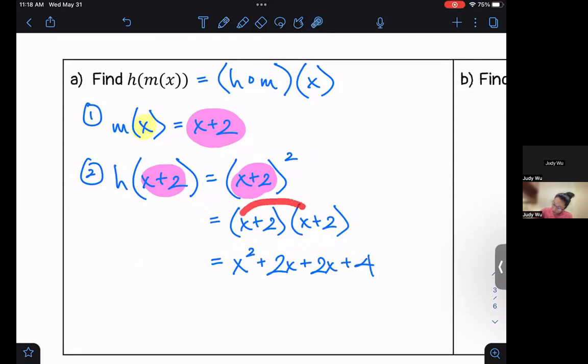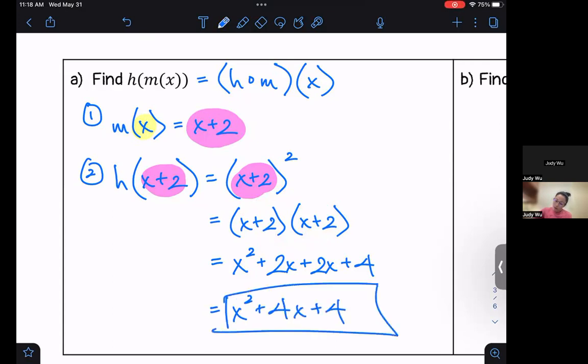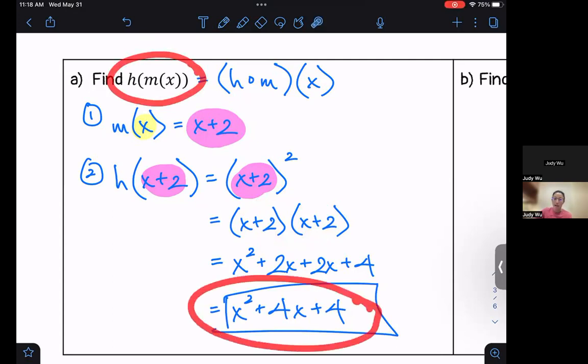That's our first, our outer, our inner, and our last. And then we can combine some like terms, and we get x squared plus 4x plus 4. Okay. So when I compose these two functions in that order, I get x squared plus 4x plus 4.